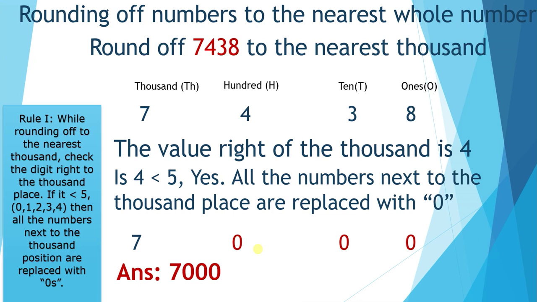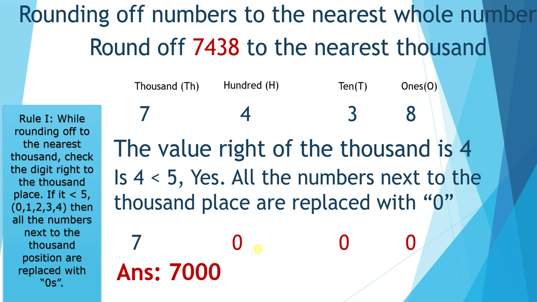Let's look at the next one. So we have rounding off numbers to the nearest whole number. So we want to round off 7,438. So let's try to put our place values on top of them. We have the 1,000, 100, 10, and ones. So the rule says that if the value to the right of the 1,000 position is less than 5, so the value to the right of the 1,000 position is what?